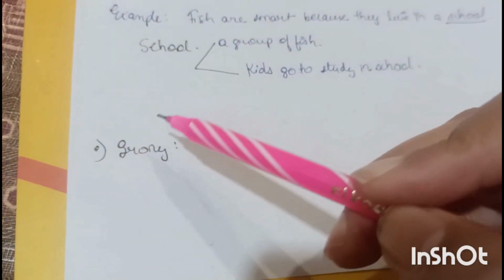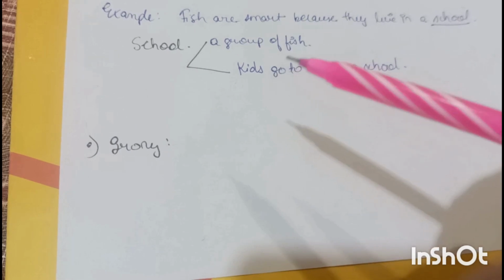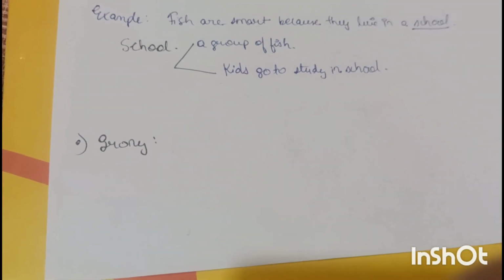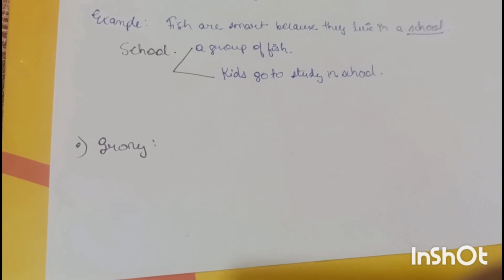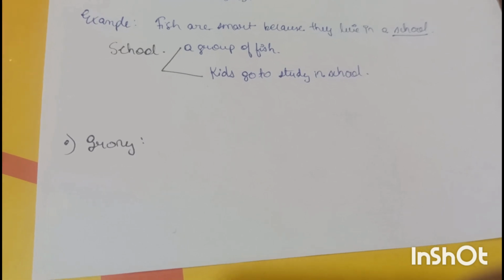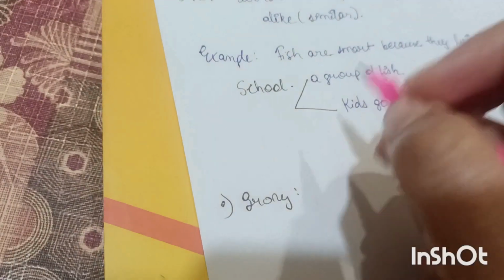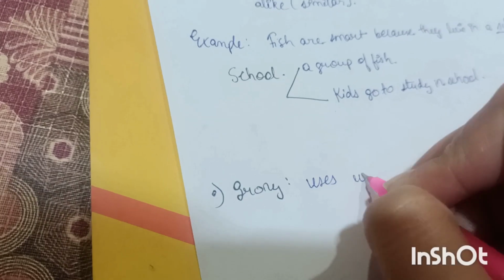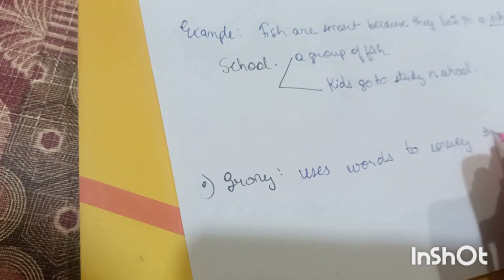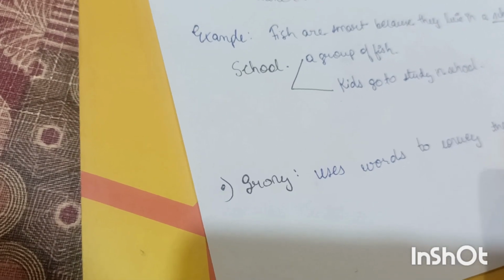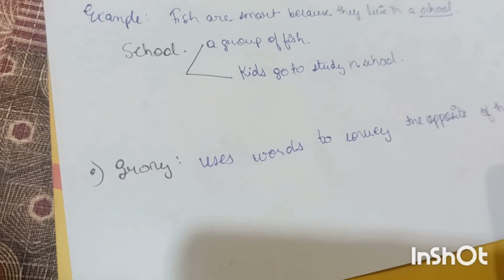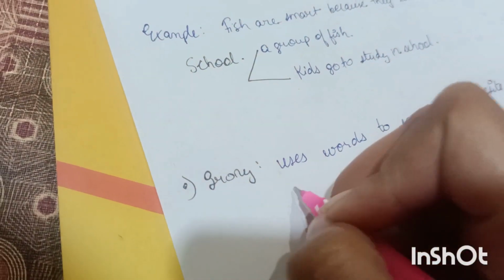So the next one is irony. In this case, what happens is that we are using some words but we are not actually meaning to say that, okay? So if we are saying something, the opposite of what we mean happens, okay? So you can write it as we use words to convey the opposite of their literal meaning.